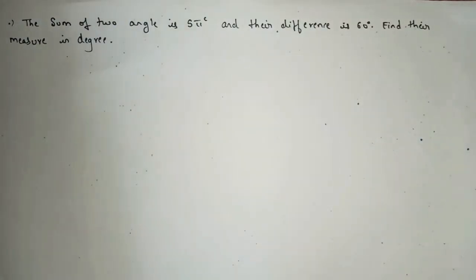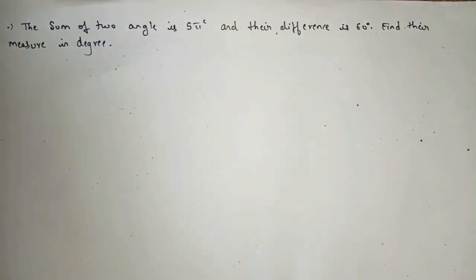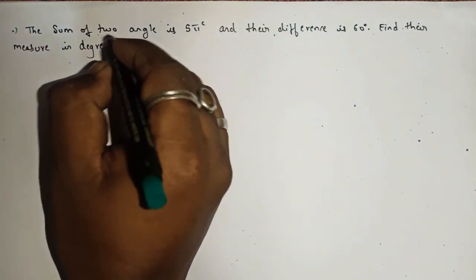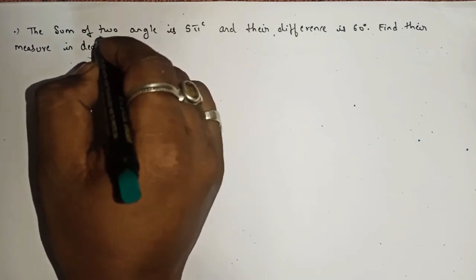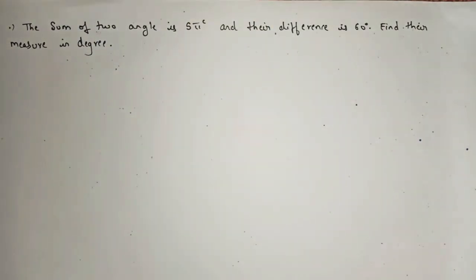So the next question is: the sum of two angles is 5 pi radian and their difference is 60 degree, and you have to find the measures in degree. So here we have the sum of two angles. We don't know the angles, whether they are 30, 40, 50, 60.